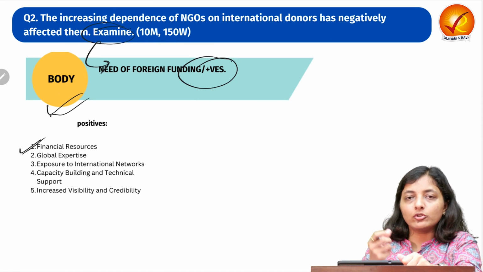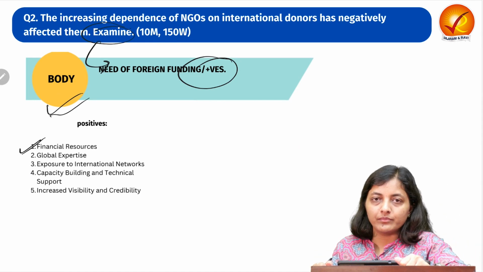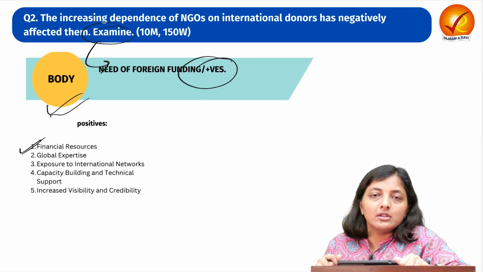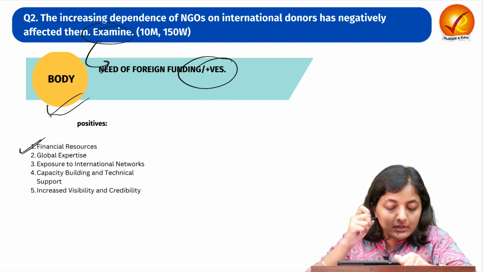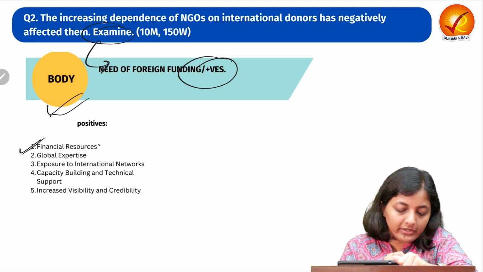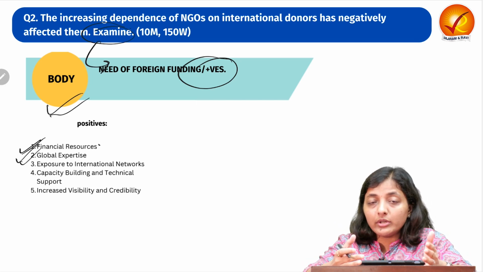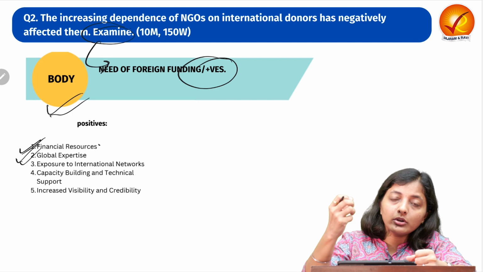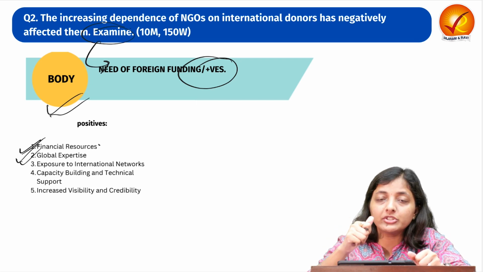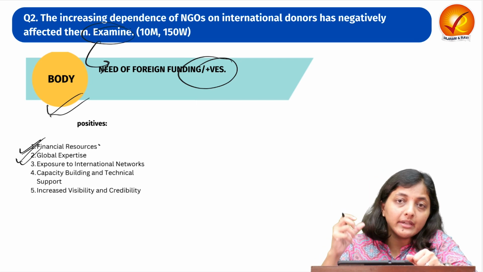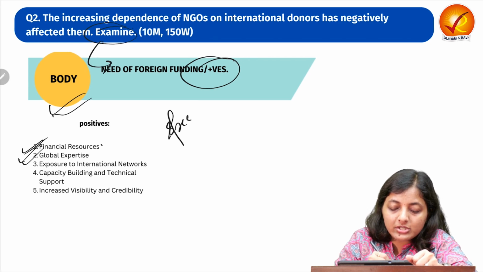Because the NGOs have to mobilize the financial resources to scale up their operations or for the day-to-day working, this foreign funding is required. With international donations or international donors, not only do the foreign funds in the financial aspect come, but they come with specializations also.